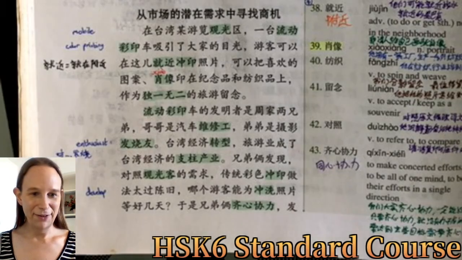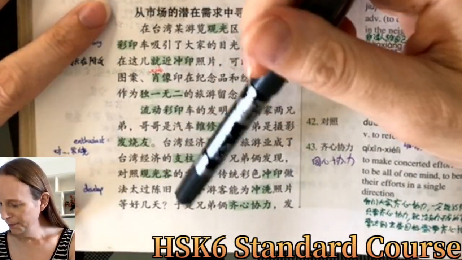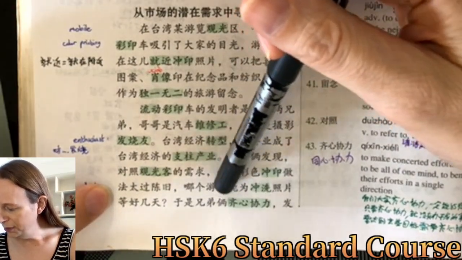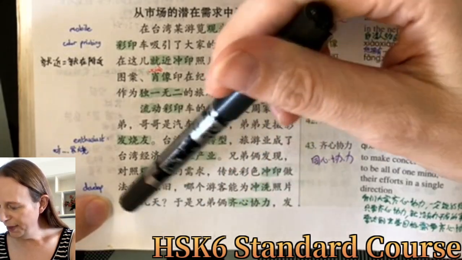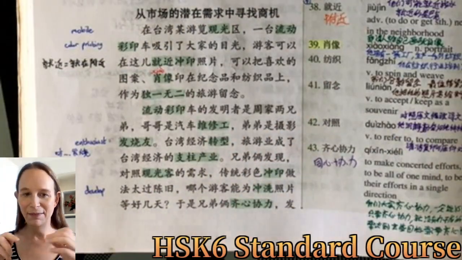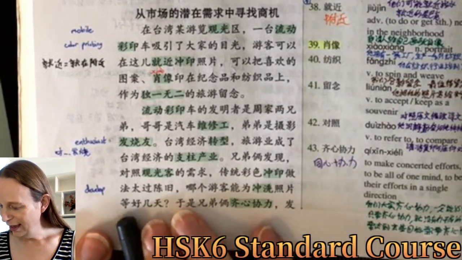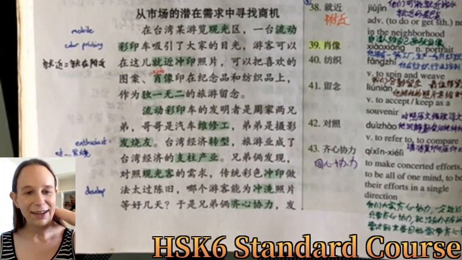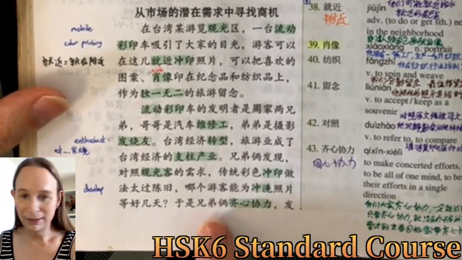Nowadays, you just take your own photos. You put them on a USB stick and give it to them, probably. 哪个游客能为冲洗照片等好几天？So this is the chemical developing of photographs. Yeah, no one can wait a few days for the photos to develop while they're traveling.